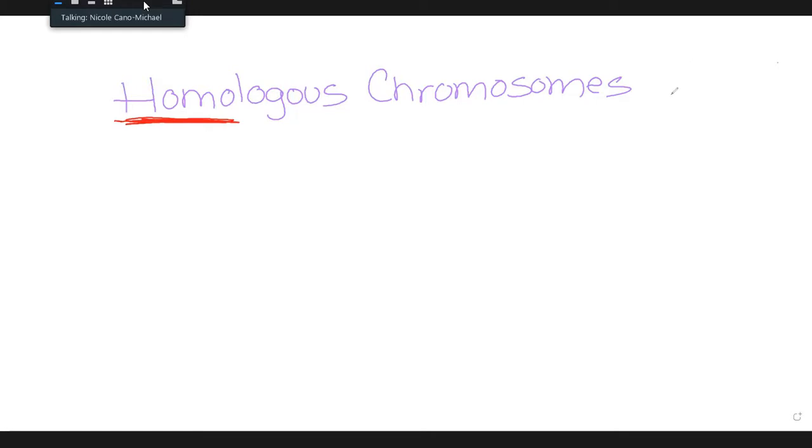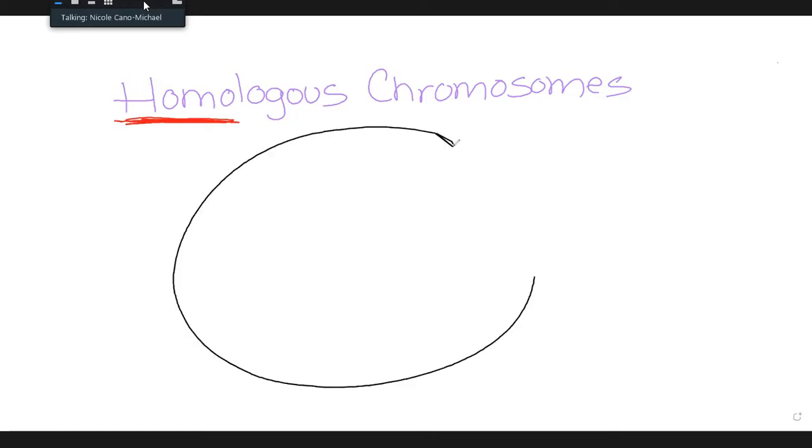So let's pretend that this is a cell, okay? And in here, I am going to have some homologous chromosomes. So maybe I have a chromosome that looks like this, and then I have one that's very similar that looks like this.